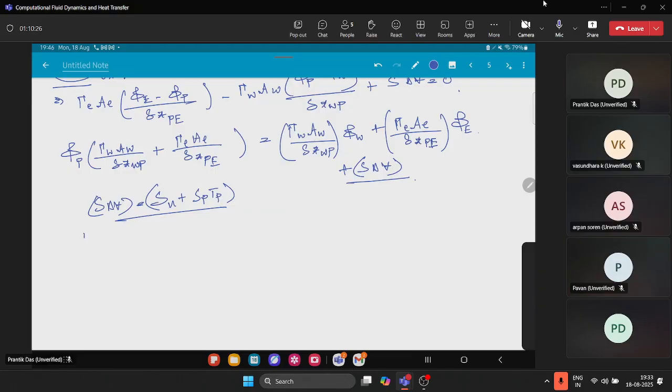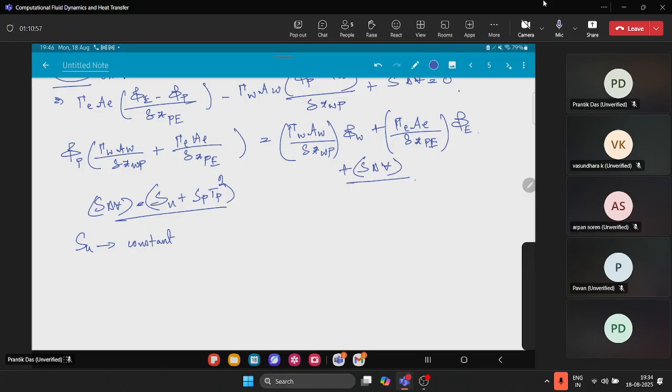S_C is basically your constant, so if it's a constant source term, only S_C will be there and S_P will be equal to 0. First of all, we are linearizing the equation. So even if we get something like T_P squared, I will consider it as T_P star times T_P, where T_P star is from the previous time step and T_P is of the current time step for which you are solving the equation itself.